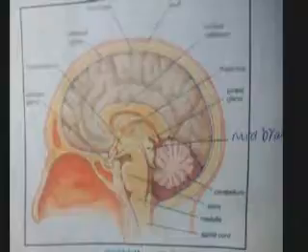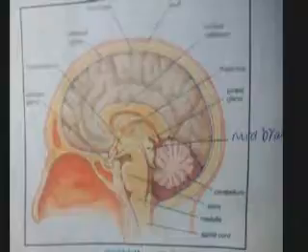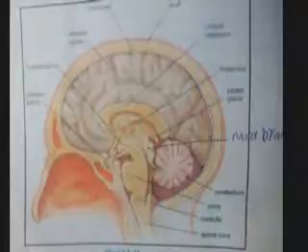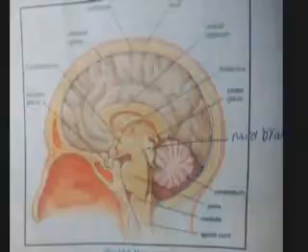In hindbrain we can see the parts cerebellum, pons, and medulla oblongata. Cerebellum controls balance of the body and coordinates the voluntary movement of the body as well. Pons is located above the medulla. It controls transition between sleep and wakefulness and the rate and pattern of breathing as well.